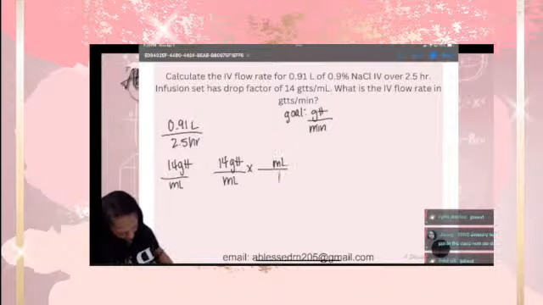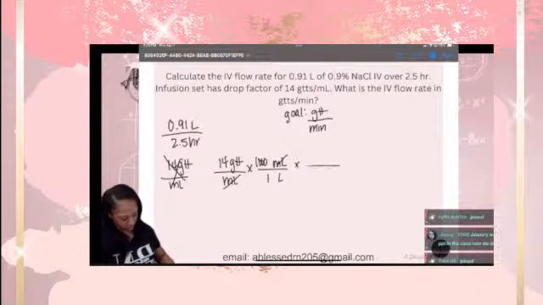We don't have milliliters, we have liters right here. So we'll do 1,000 mLs is 1 liter. Milliliters crosses out. Then we have 0.91 liter over 2.5 hours. Liters crosses out. Now we've got hours on the bottom. We need minutes. So we'll do 1 hour is 60 minutes.